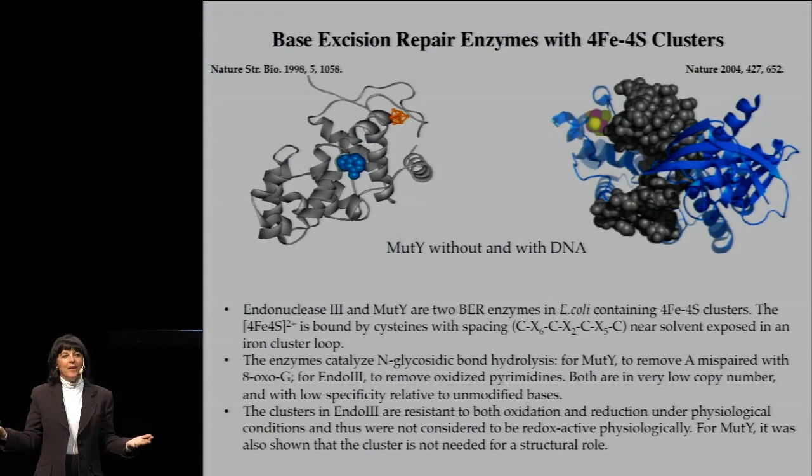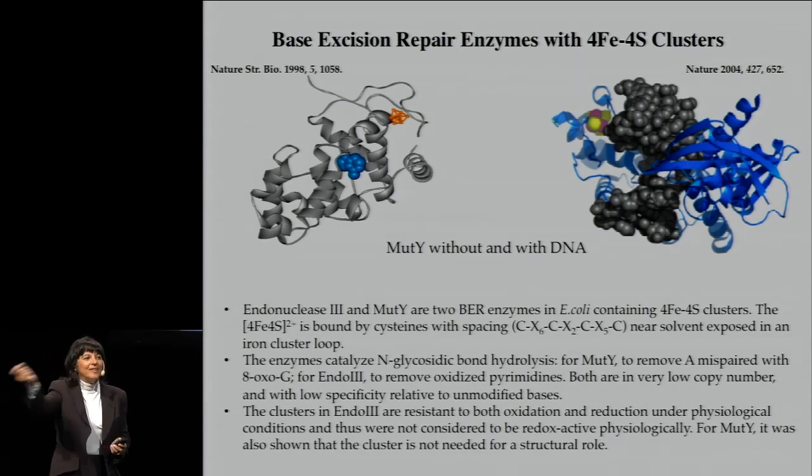Now, as a bioinorganic chemist, which is what I am, 4-iron, 4-sulfur clusters scream redox chemistry. In our mitochondria, we're filled with 4-iron, 4-sulfur clusters that are shuttling electrons back and forth for oxidative transport. And yet, why on earth would you put this little redox cofactor anywhere near DNA where potentially you could damage it unless you had a reason?